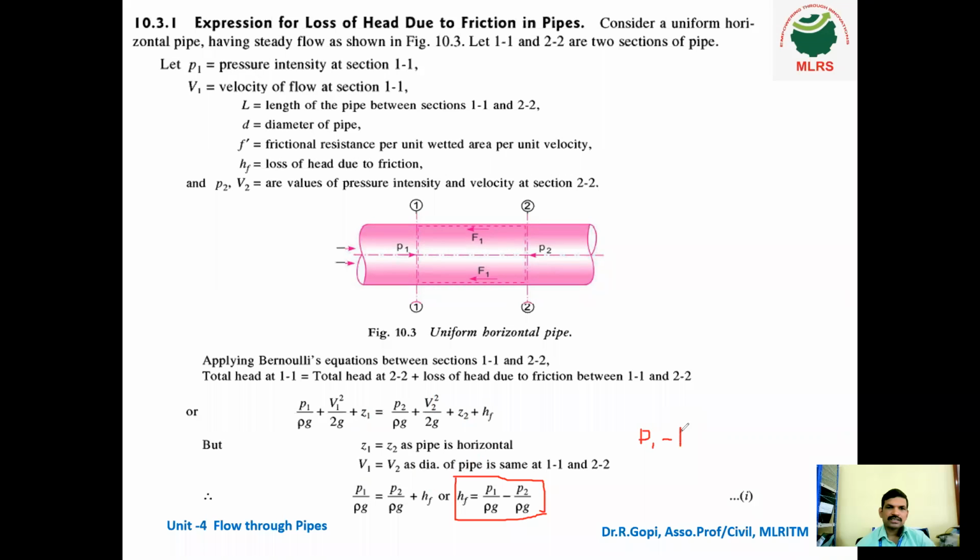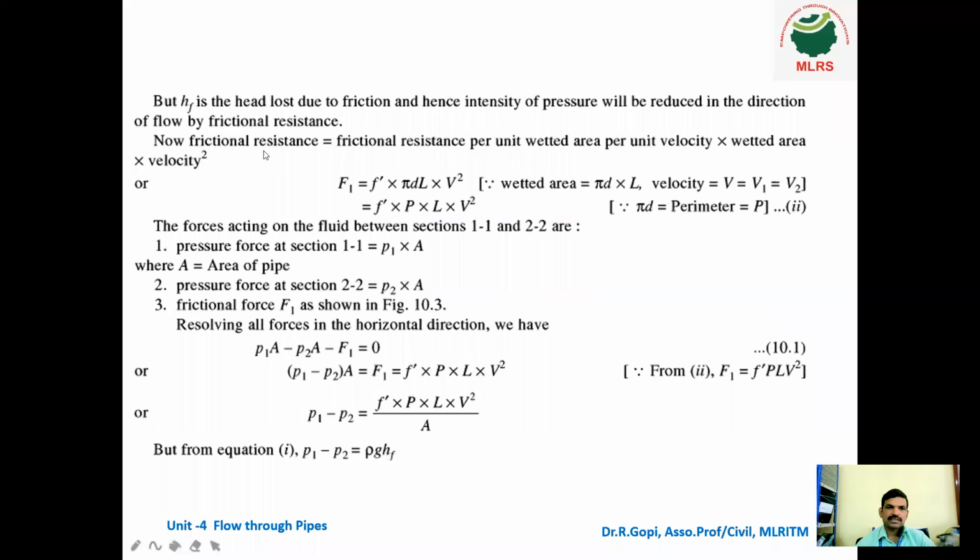P1 minus P2 is equal to rho G HF. This is the formula we finally got. So rho G HF is equal to P1 minus P2. This is the first equation.